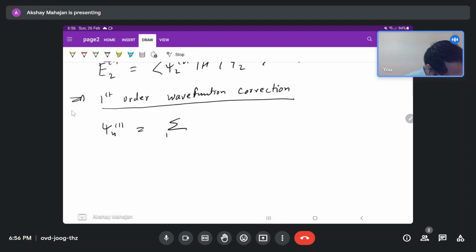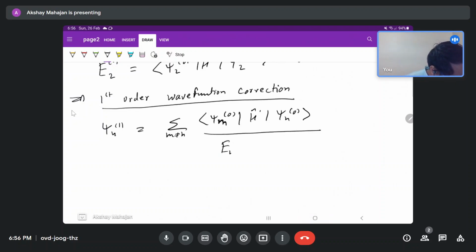It is the summation over m not equal to n of psi m of the 0th order H cap prime psi n of the 0th order divided by E n of the 0th order minus E m of the 0th order, times psi m of the 0th order.